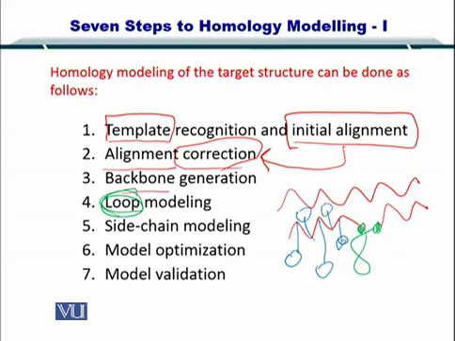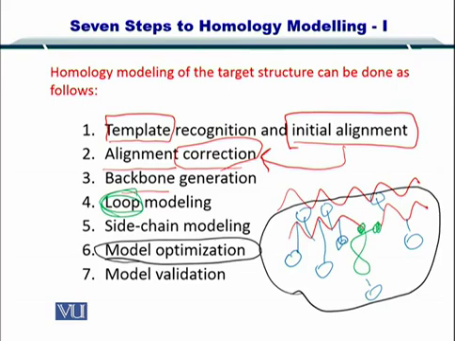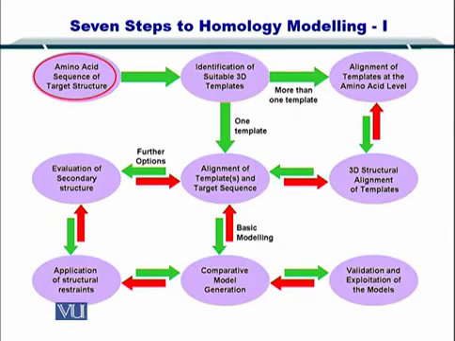So you have to add side chains accordingly, and then you follow it up by optimizing the model, that is, by optimizing the structure of this protein. Once you have optimized it, all you need to do then is to validate it versus the known protein structure. So let's take a look at these 7 steps in a flowchart.